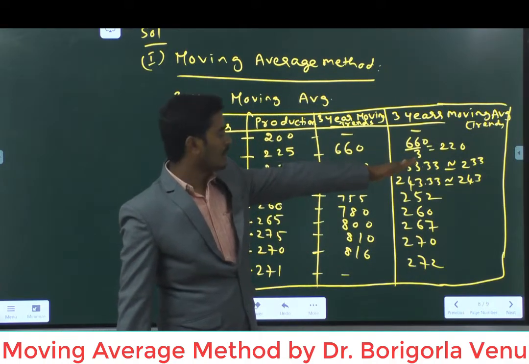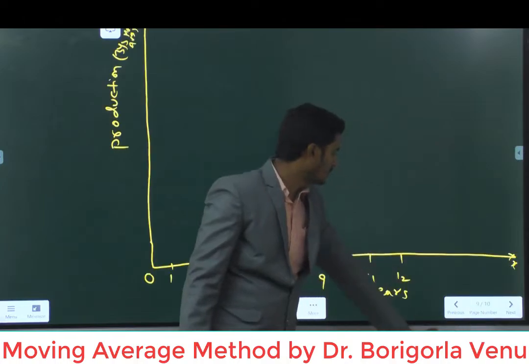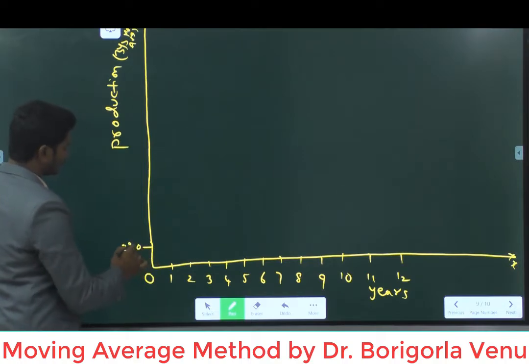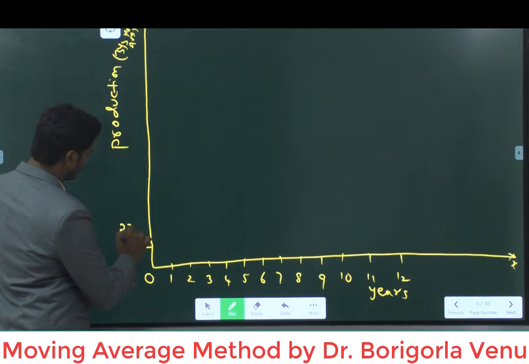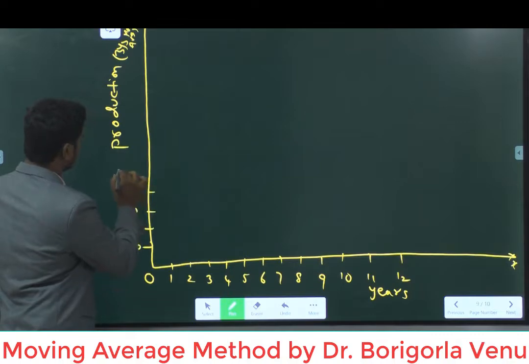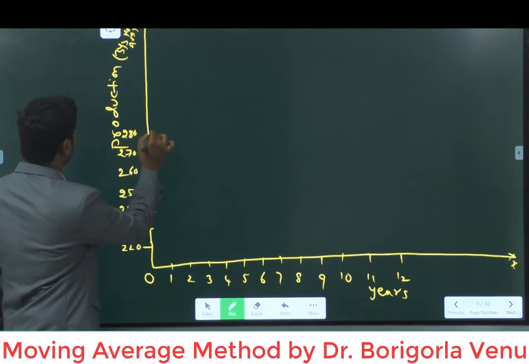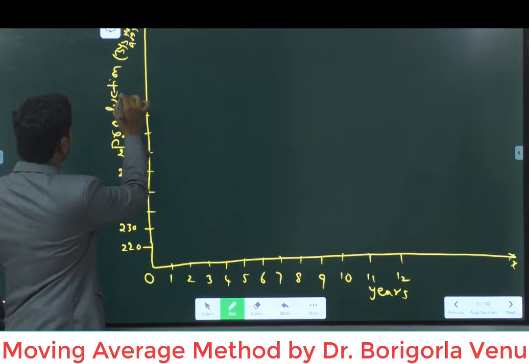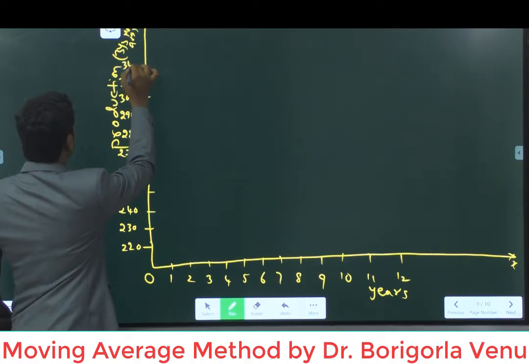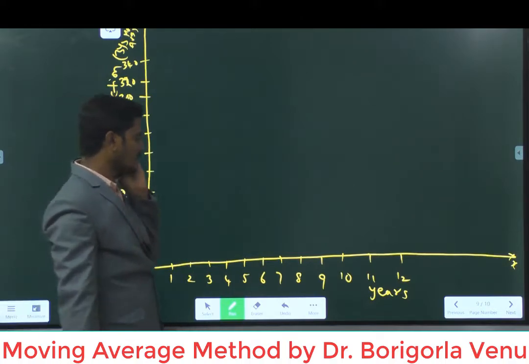Here we have values from 200, so I am going to start the y-axis at 220, 230, 240, 250, 260, 270, 280, 290, 300, 320, 340.